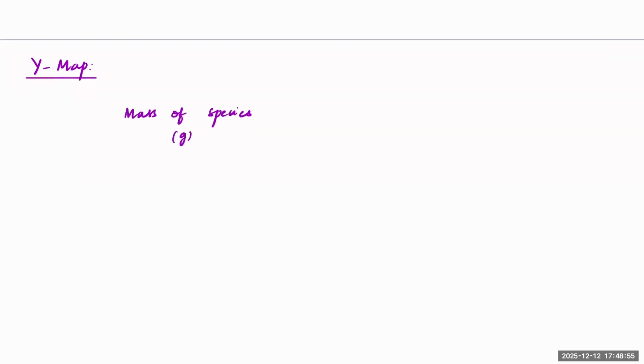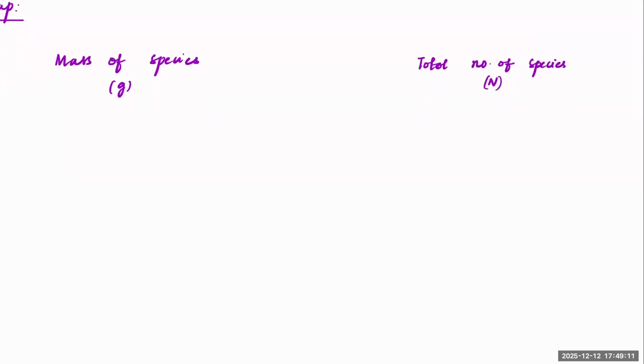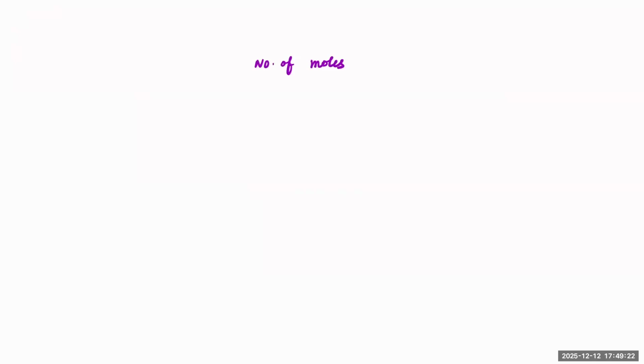The other one is the total number of species, represented as n, number of atoms, number of molecules, anything, and number of moles is what we are trying to relate in this Y. And the third is the volume of ideal gas in liters.